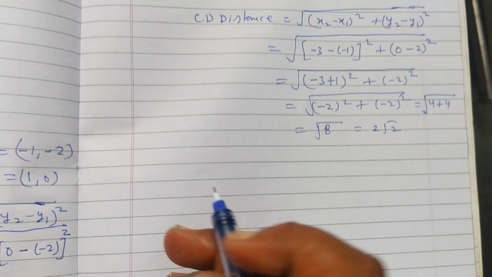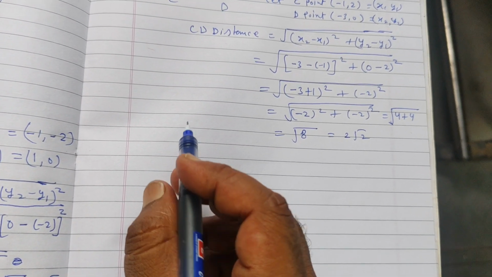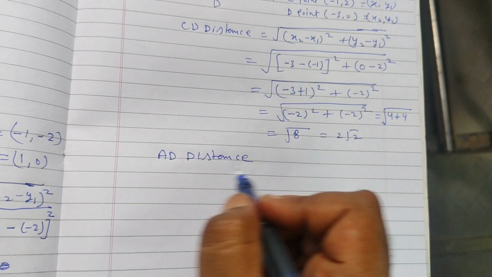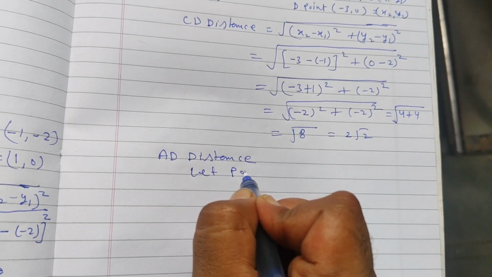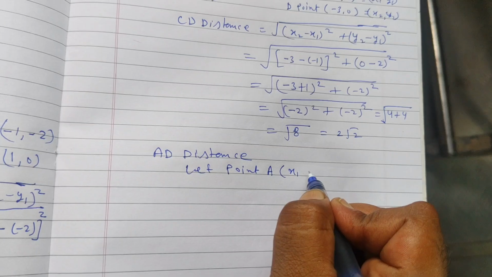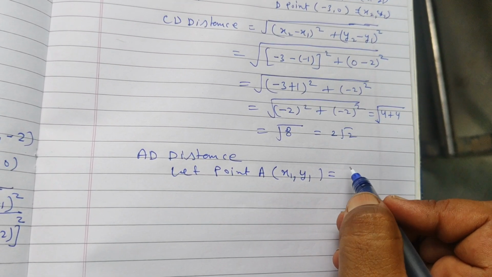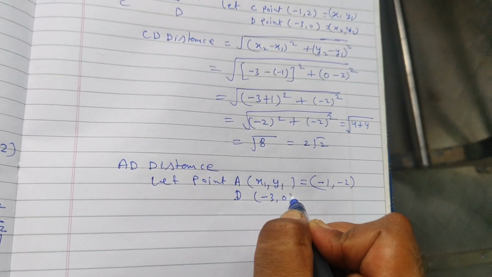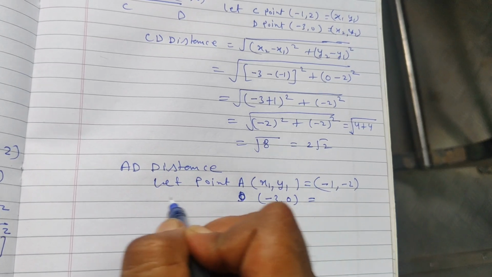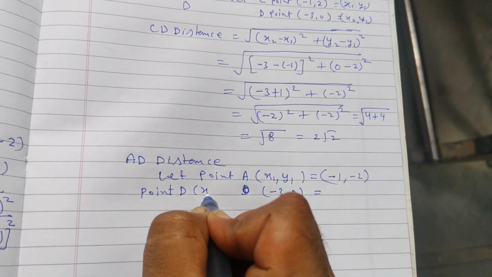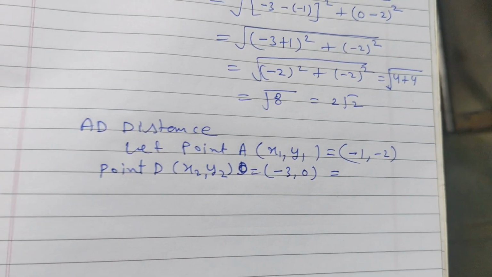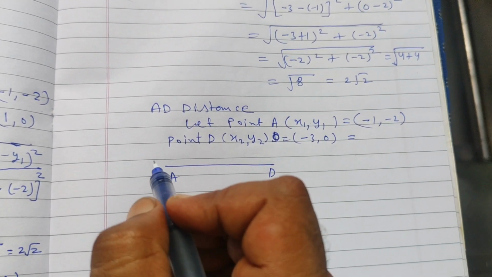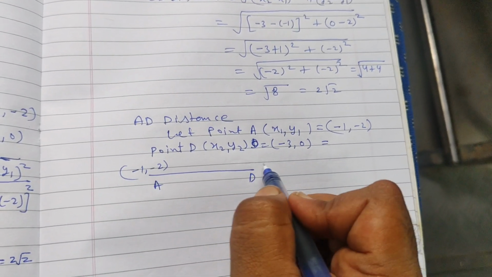And BC is the same. Now the CD distance is done, next the AD distance. Let point A (x1, y1) be (-1, -2) and D point (x2, y2) be (-3, 0).